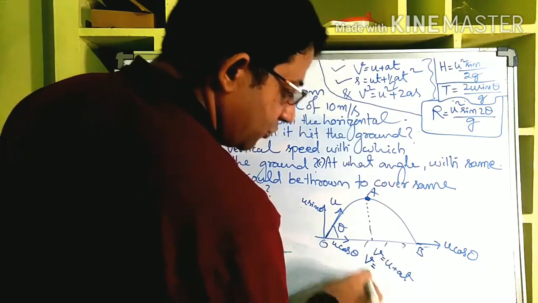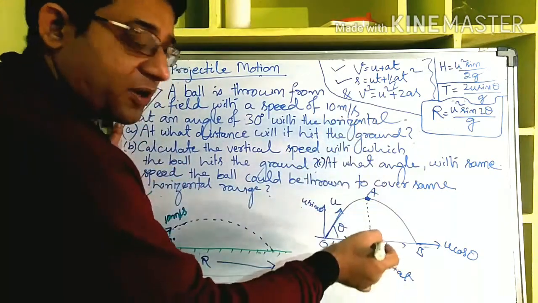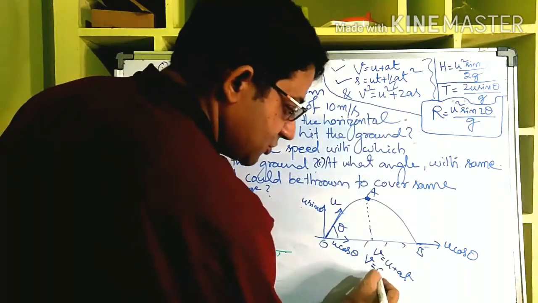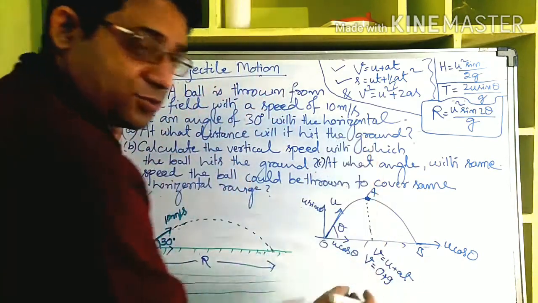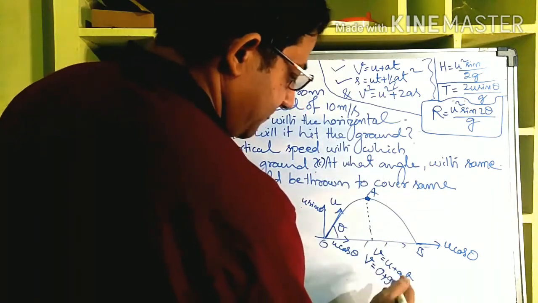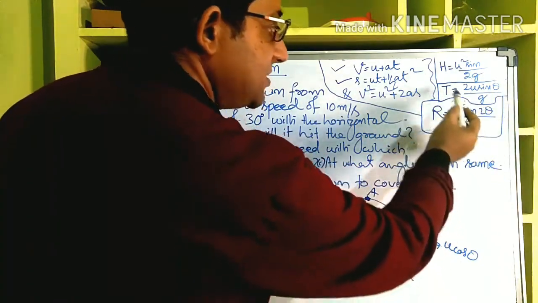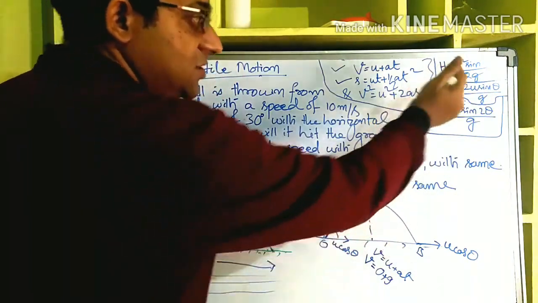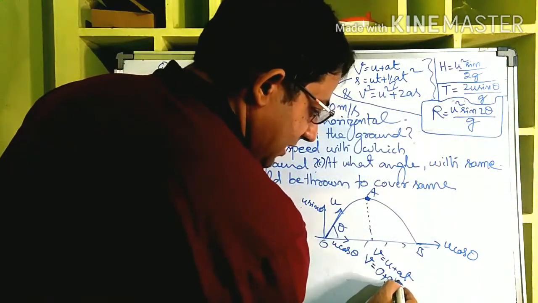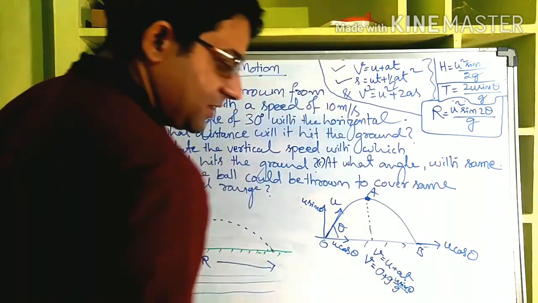Since it is falling from the highest point, it's like a free fall body falling from rest, so v is equal to 0 plus g, acceleration due to gravity, times t. We have calculated t. See, total time of flight is 2u sin theta by g, but from A to B it is u sin theta by g. So I am taking it as u sin theta by g, right?